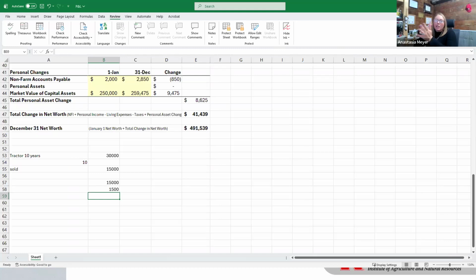If I sold it January 1, what would be the price versus if I sold it December 31st? I could take off $1,500 realistically. Maybe some are substantially more if it's newer equipment, maybe some are less, whatever the case might be. Maybe it stays exactly the same.